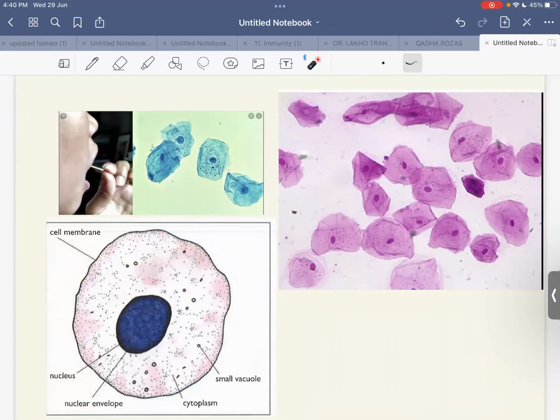So what you can see in front of you right now is also a light micrograph.